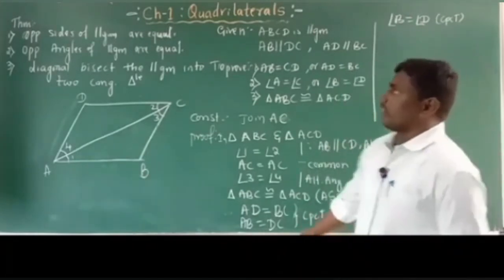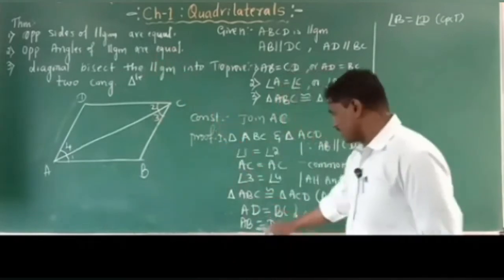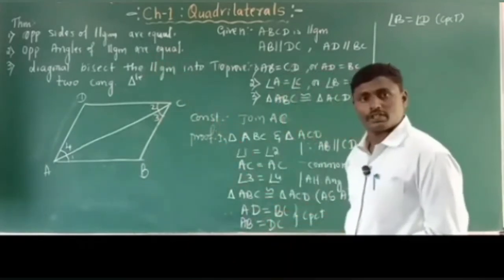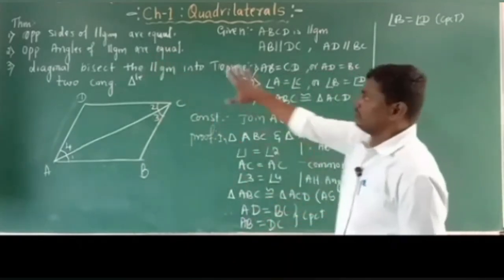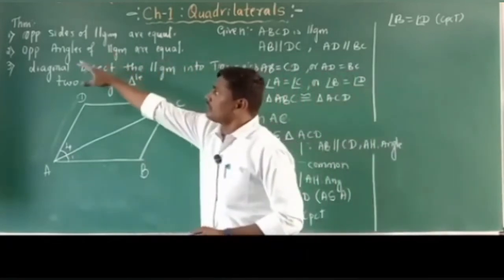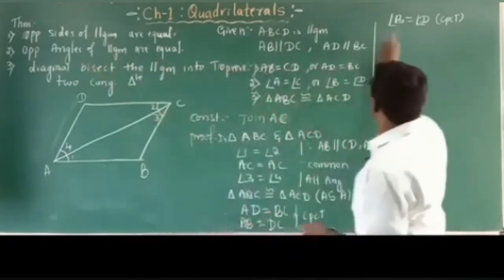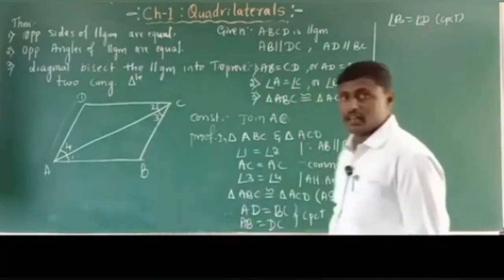Here we already proved the opposite sides are equal. Next, opposite angles are equal. We proved one pair of opposite angles equal.